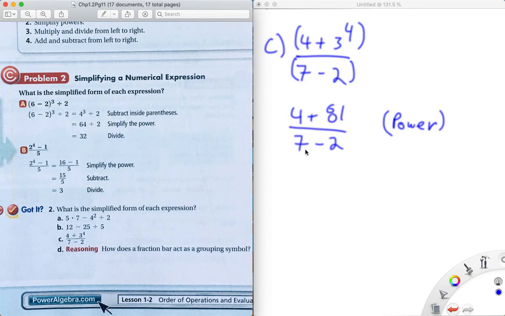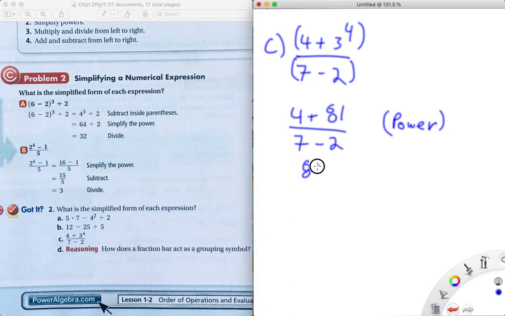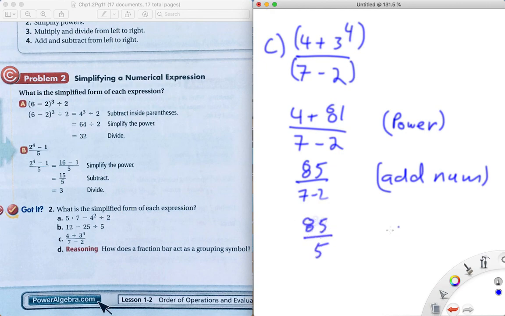So 4 plus 81 is 85. So I added in the numerator. And then 85 over 5, I subtracted in the denominator.